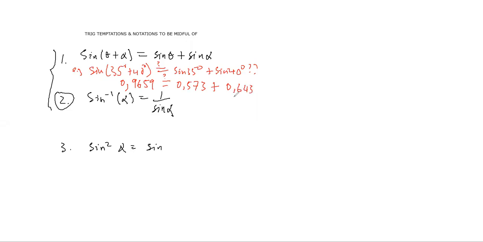Obviously, 0.573 plus 0.643 is way bigger than 0.9. When you add these two together, you're getting 1.216, which is not equal to 0.9659. So you can see clearly, guys, that's not true.